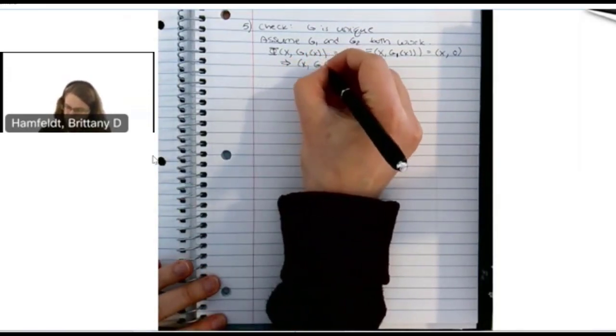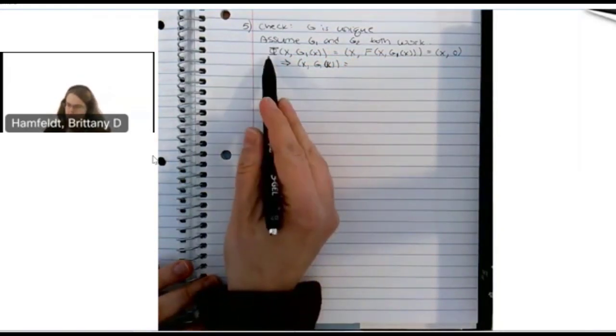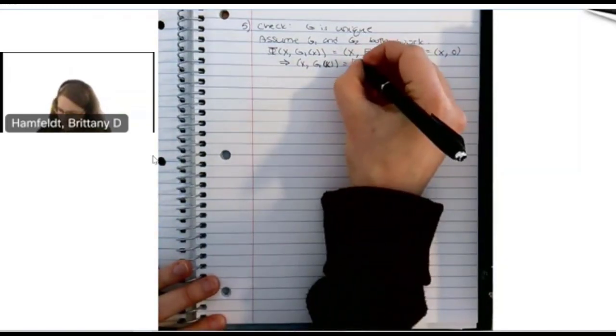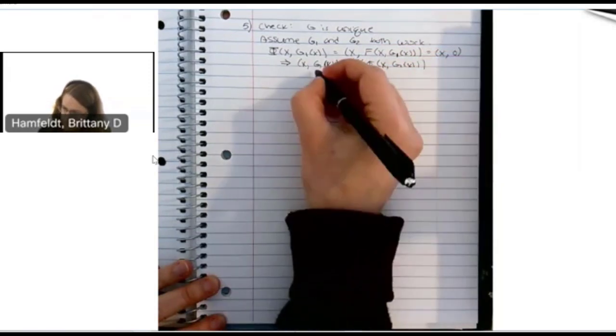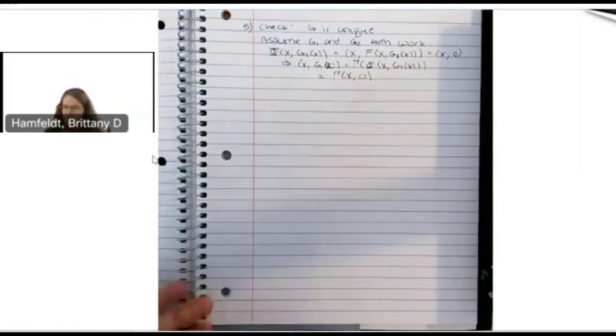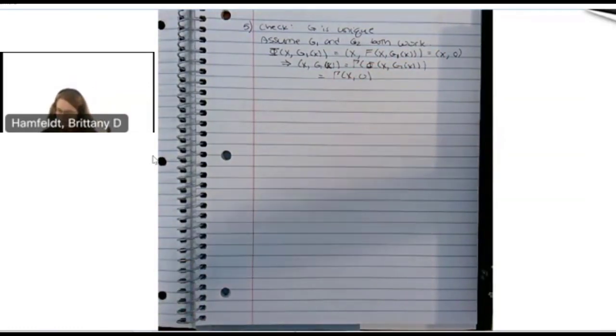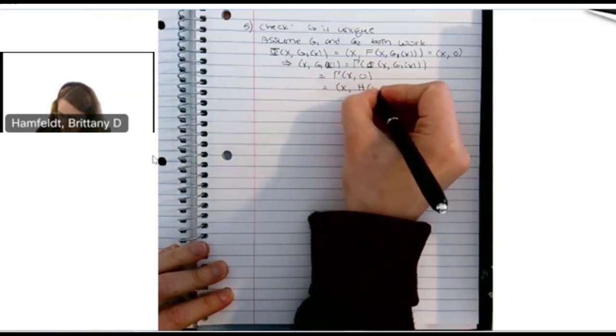So x, G1 of x, is going to be gamma of my right-hand side. All right, and what was this? This was x and h of x, 0.